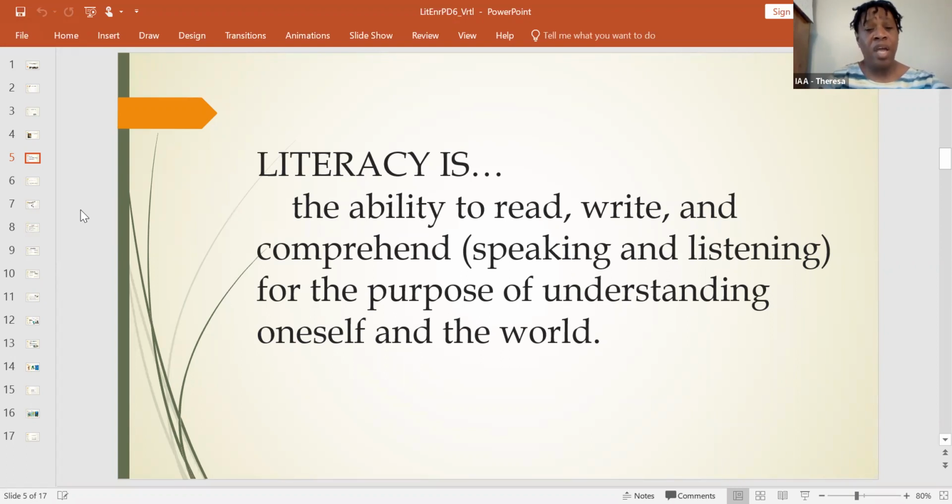And for the purpose of understanding oneself and the world. So literacy is allowing folks to interact with the world and also understand themselves. On this slide, there are all sorts of different subcategories of literacy. We have financial literacy, we have technology, we have business. There are just so many subcategories of literacy.